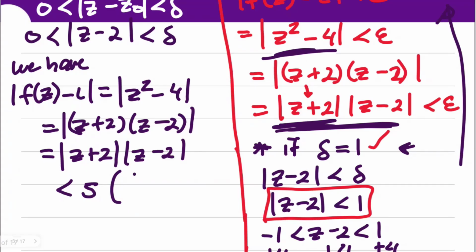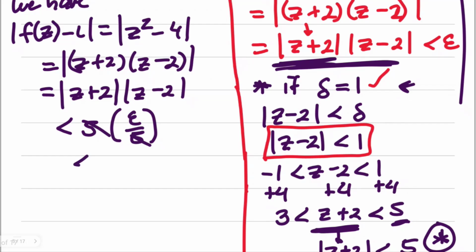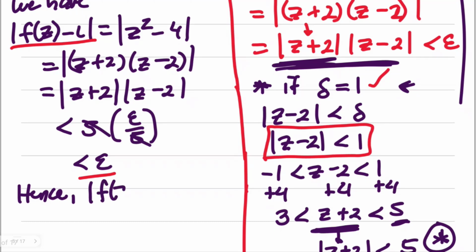So you have here epsilon over 5. That would mean that we can cancel that, and you will have less than epsilon. So with all of this, cutting the middleman, hence the absolute value of f of z minus L is less than epsilon.